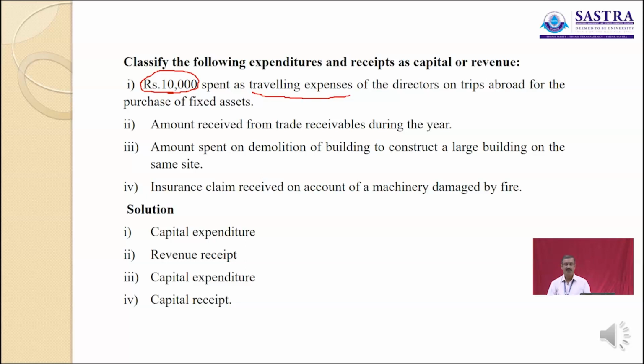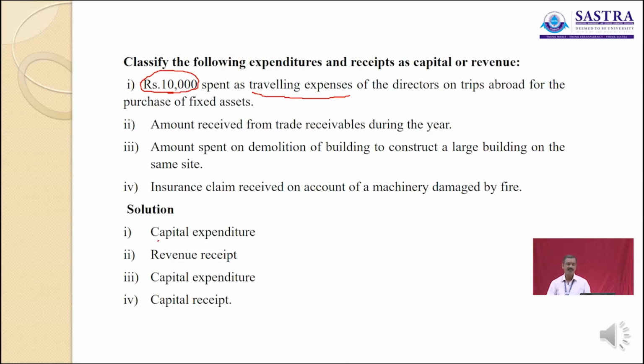Traveling expenses particularly spent for the directors to and fro on trips abroad for the purchase of fixed assets. So that it will be a conveyance expense, but not a mere smaller amount or a regular amount. It is a one-off amount of expenditure made for purchasing the fixed asset and also to bring the fixed assets to our factory.